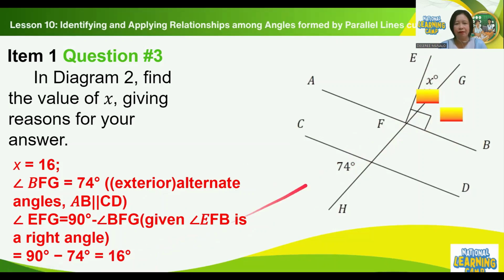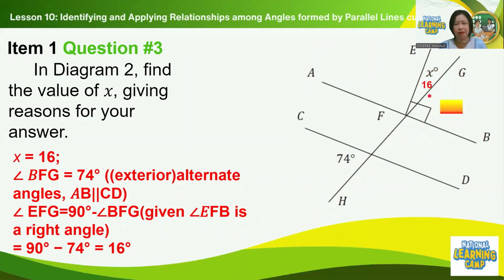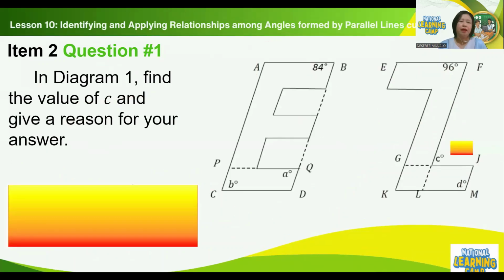Therefore 90 degrees minus 74 is equal to 16 degrees. So x is equal to 16, and this one is 74 degrees. For item 2, you can pause the video again to answer the given questions or problems.